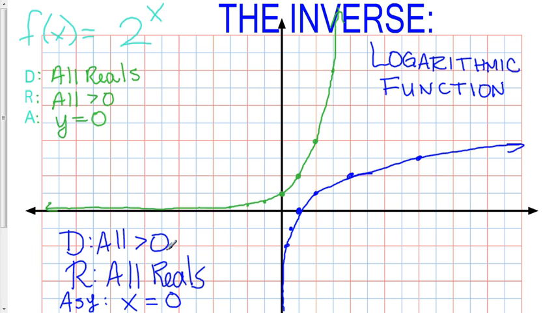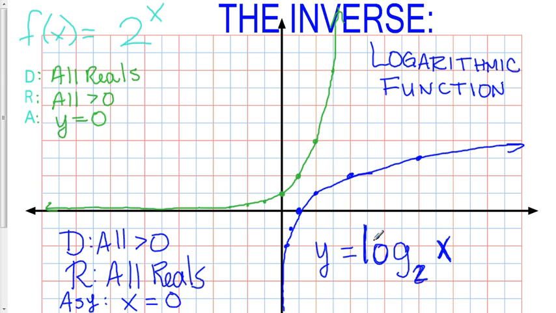The domain is greater than 0, the range is all reals, and the asymptote is x equals 0. So let's look at this logarithmic function in a little bit more detail. To write it, you would write log with a little 2 here as the base, and then this would be x. And either write y equals or f of x equals.